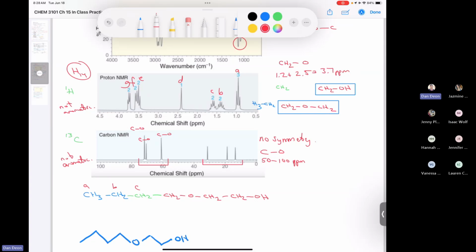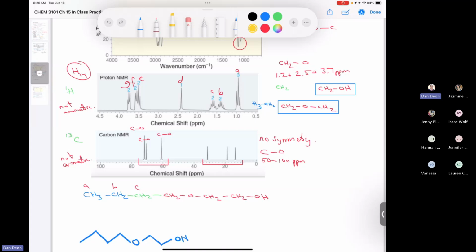Now we get up close to the ones that are attached to the oxygen. So that means that these ones, and these ones are all going to be the EFG protons. Why? Because they're all attached to oxygens. So if we look at the splitting very carefully, the one that is the most deshielded is going to have to be, did I label it wrong?